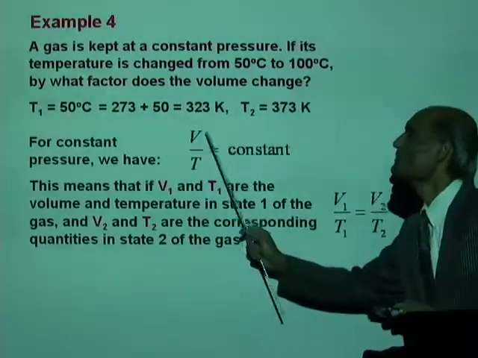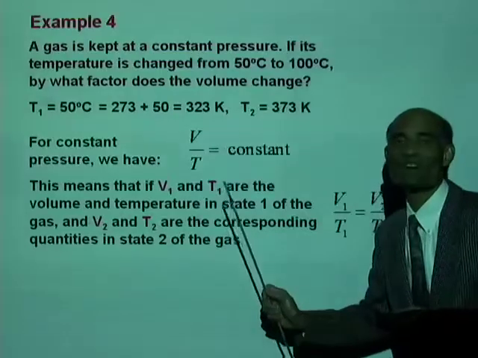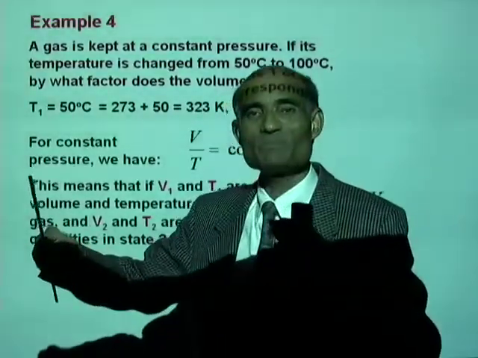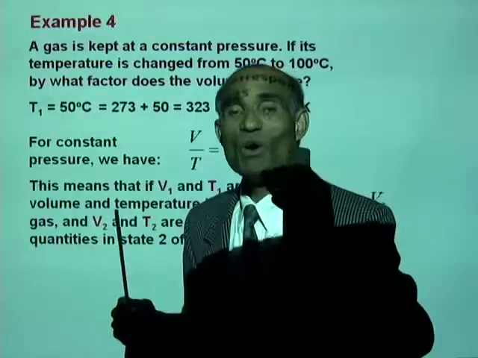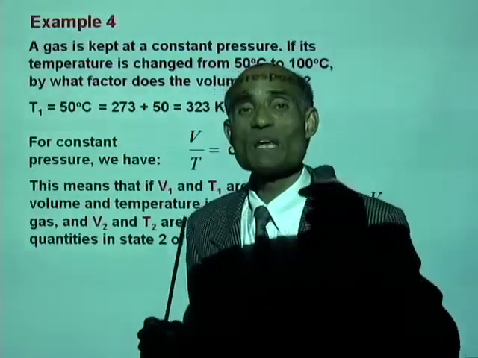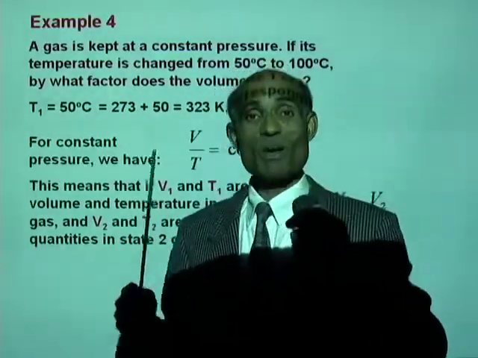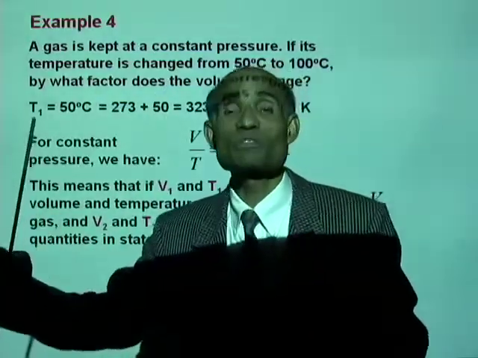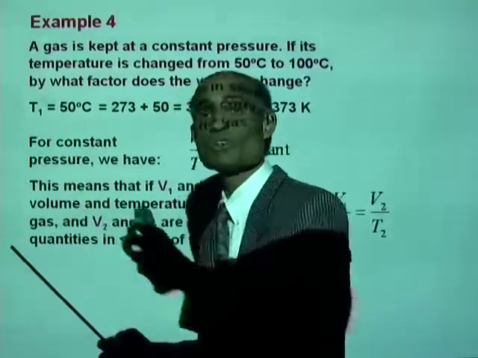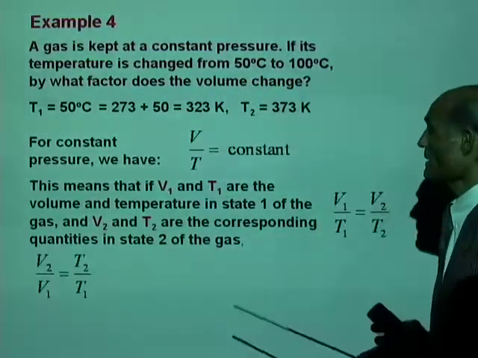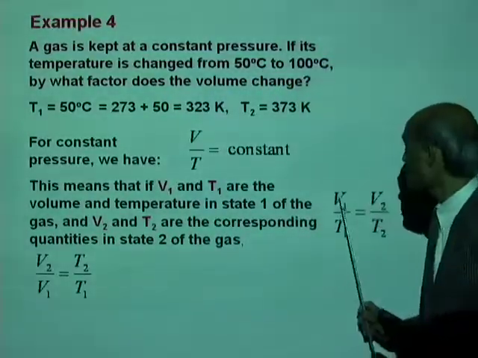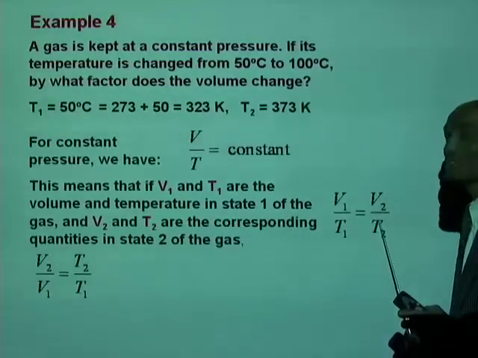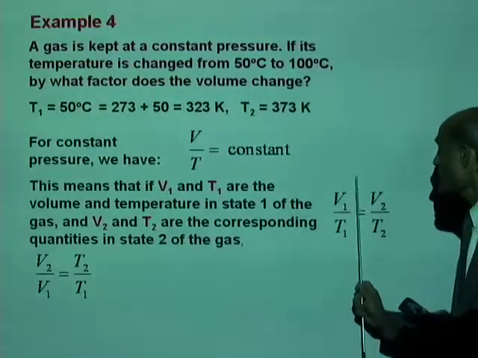That's the meaning of V over T is a constant. You can take the gas into any number of states. V over T is a constant means V1 over T1 equals V2 over T2 equals V3 over T3, and so on.